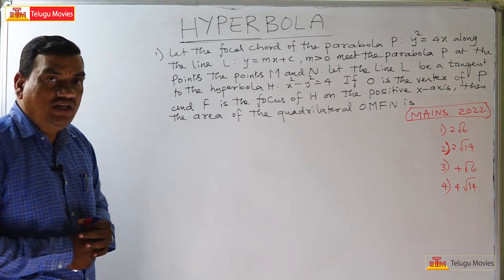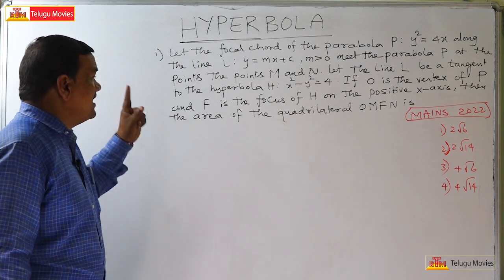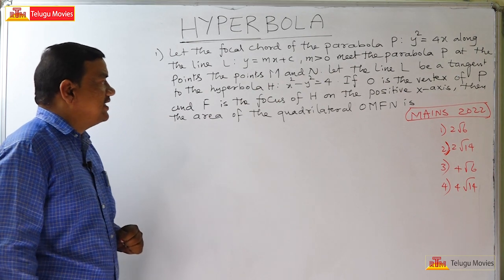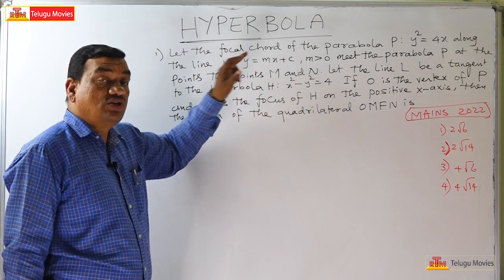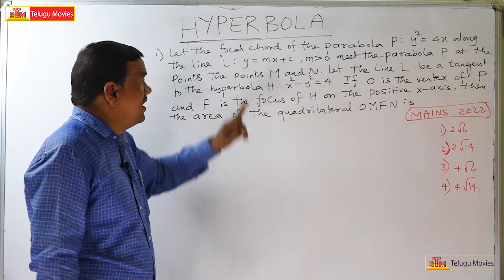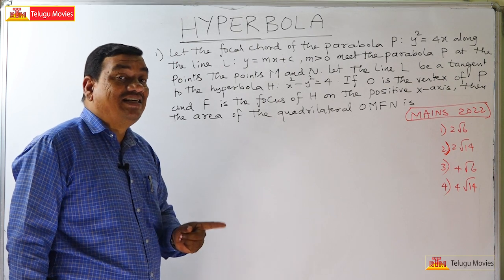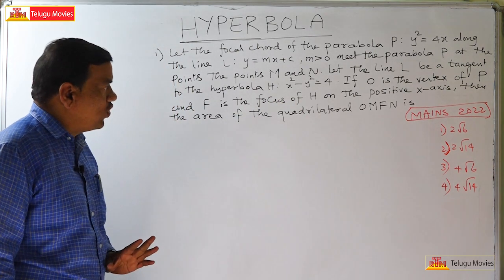Now next comes another conic. Let the line be a tangent to the hyperbola H, x square minus y square is equal to 4. Same line. So the line y is equal to mx plus c is a focal chord of the parabola, and it is a tangent to the hyperbola x square minus y square is equal to 4.